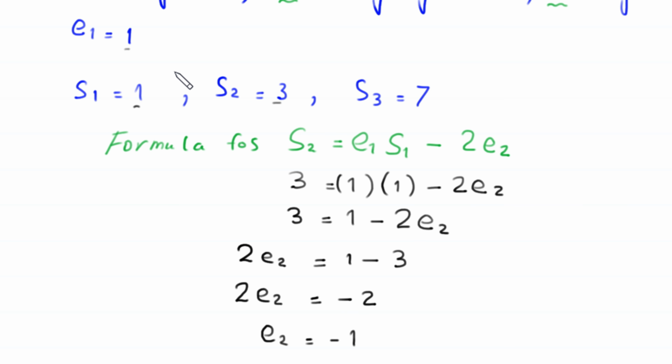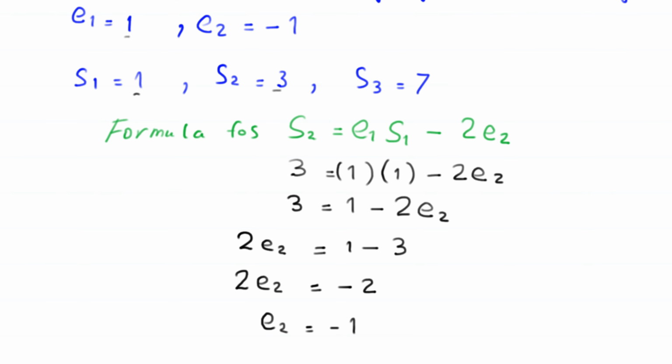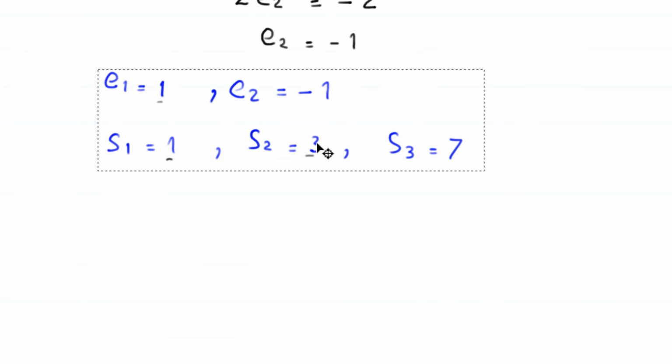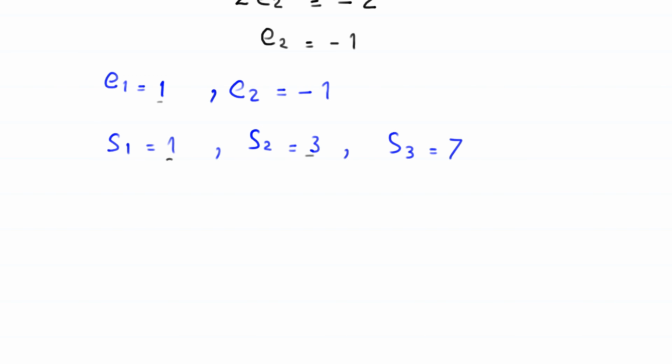So we have found that E2 is equal to negative 1. Now we copy this information and find E3. We have E1 is 1, E2 is negative 1, S1 is 1, S2 is 3 and S3 is 7.